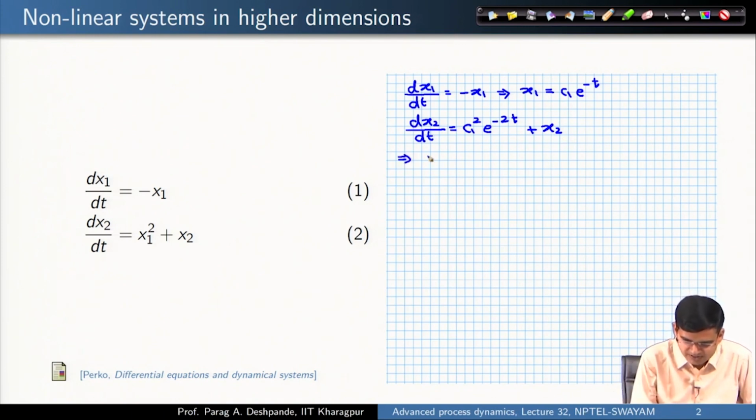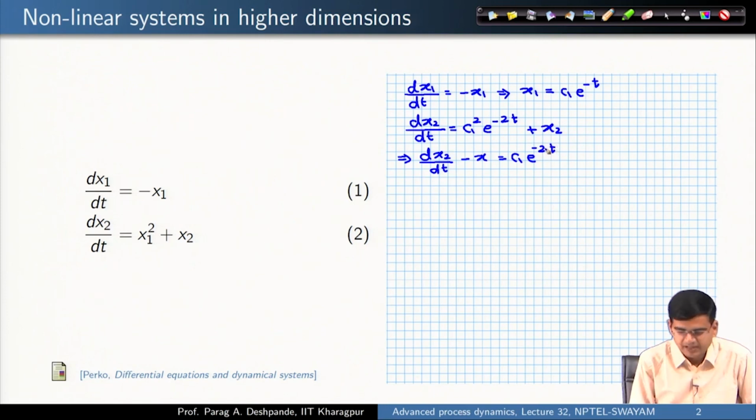What I can do is I can write here dx 2 by dt minus x 2 is equal to c 1 squared e to the power minus 2 t. I can solve this equation using the method of integrating factor. So, I can multiply both the sides by e to the power minus t.